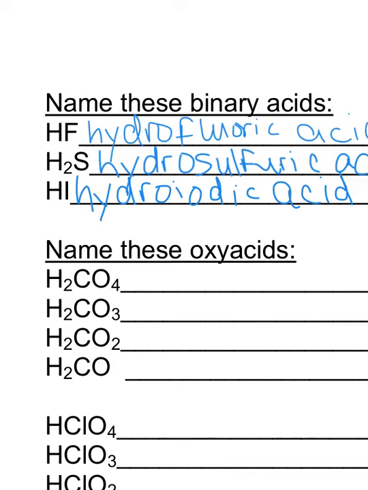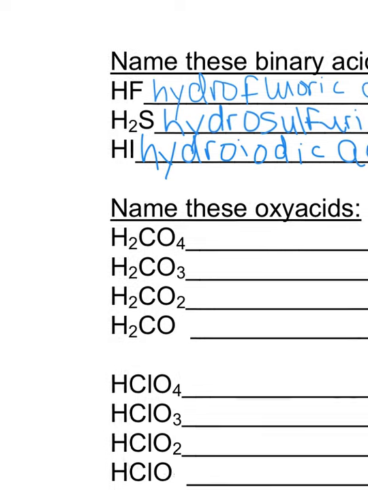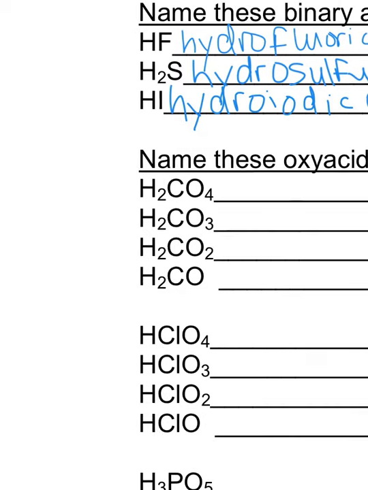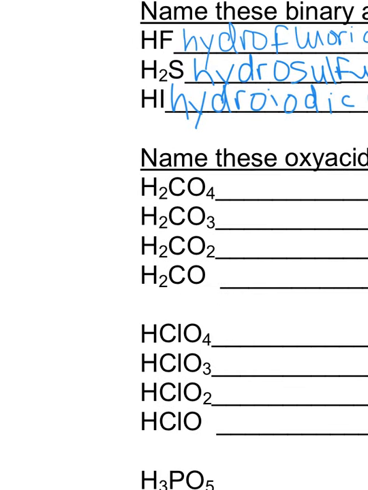Okay? These oxyacids, these can be a little bit more complicated. For the oxyacids, we need a reference ion. So what ion has carbon and oxygen and ends in ATE?